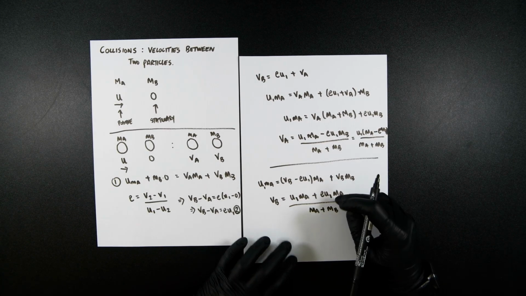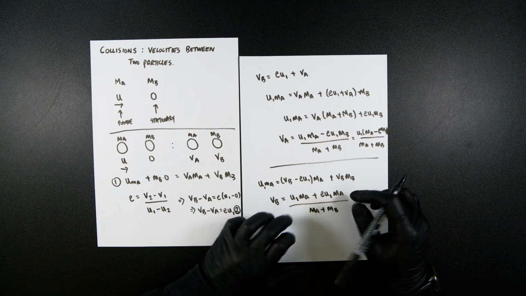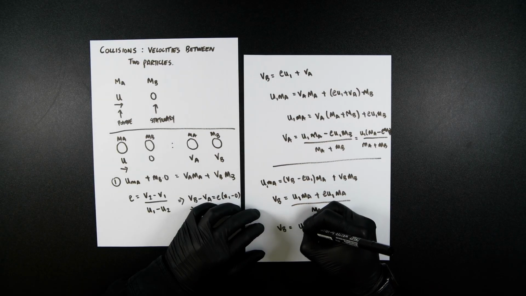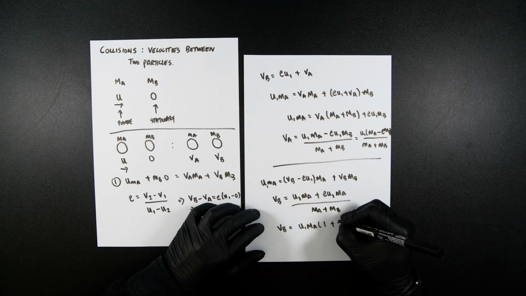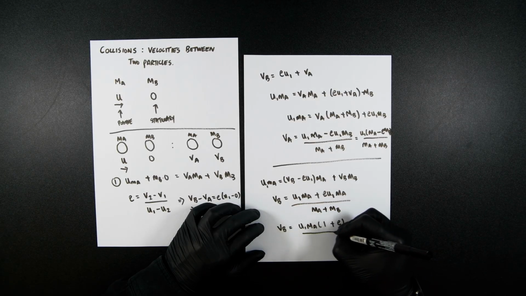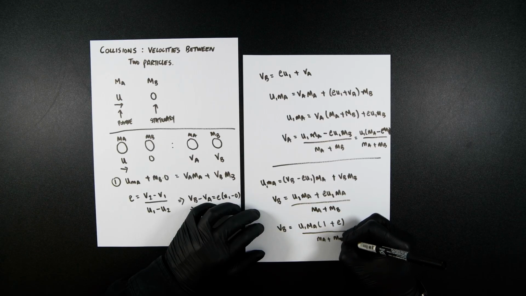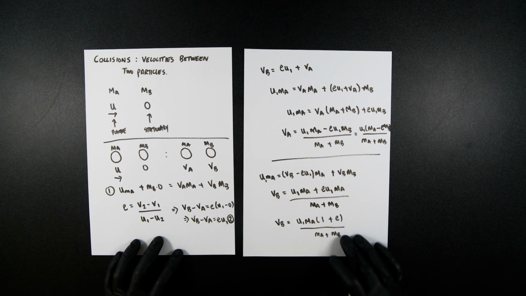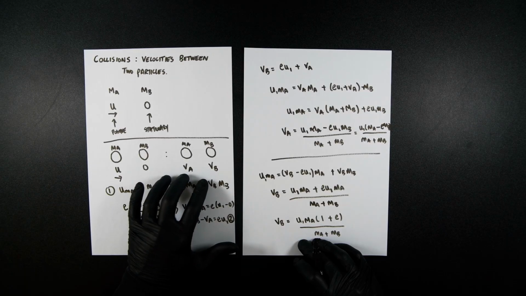We can now simplify because we've got u1s and MAs in both. So you're going to get VB equals u1 MA (1 plus e) divided by MA plus MB. And so now you've got the formulas for VA and VB when you have these two collisions.